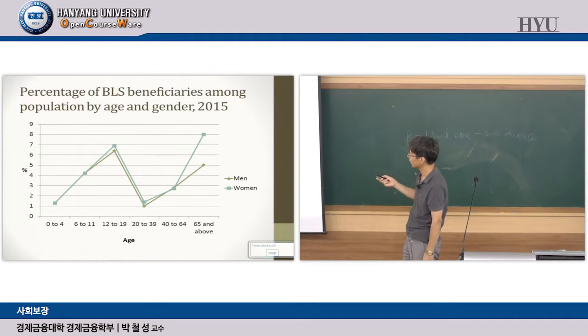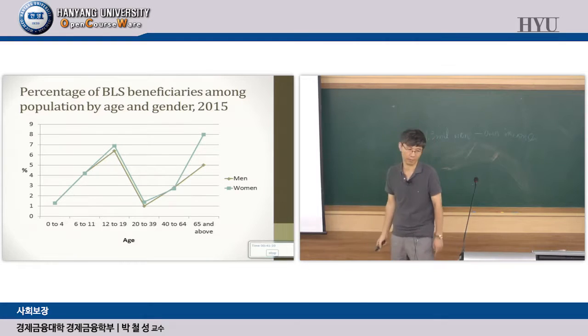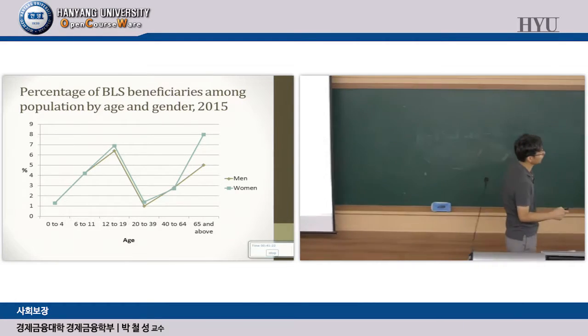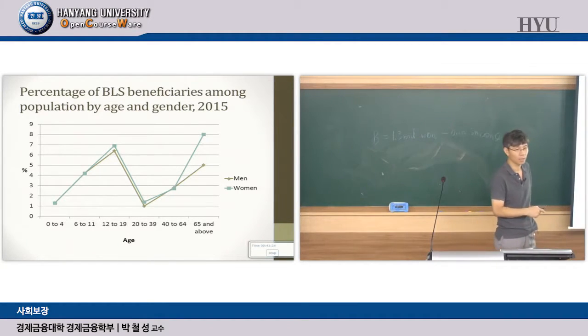And then what we should look at is the elderly. Elderly people have a very high percentage of beneficiaries, especially elderly women. 8% of elderly women are beneficiaries. We said that overall it's like 3.5%, so that is more than double the national average.